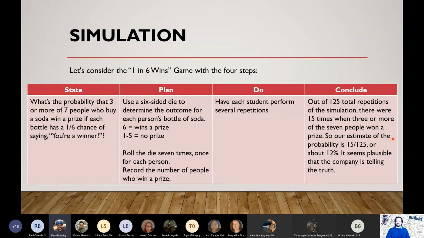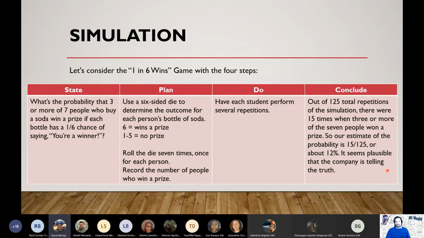All right. So it's about 12% of the time, 3 or more people won with that group of 7 in the simulation. All right. So this is an example of setting up and going all the way through the process of running a simulation.